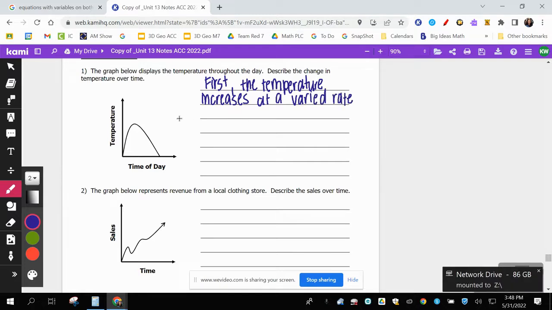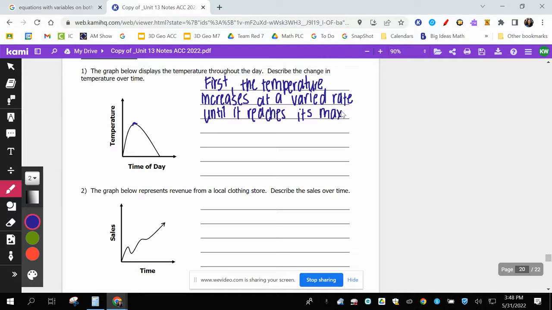And it does that until it hits some kind of maximum point we see right here. So I'm going to say until it reaches its maximum. All right, and then the temperature is going to decrease. It decreases at a varied rate, but it's a more steady, slower rate until the temperature is back where it started.